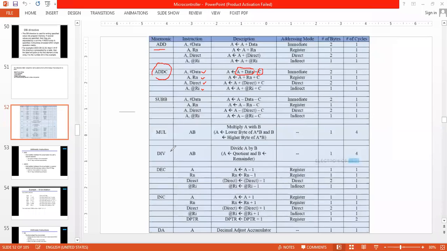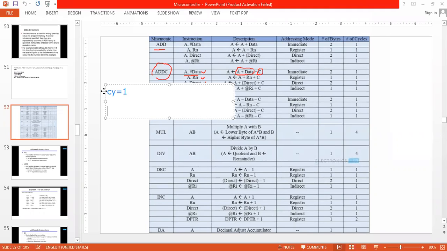Is it understood? ADDC. The only thing is, say for an example, I will give you an example for this A comma #data. MOV A, #25H... ADDC. Say before, CY is equal to 1. Okay, for the previous instructions, there might be a carry which has been generated, right? Now I will consider it as 1.